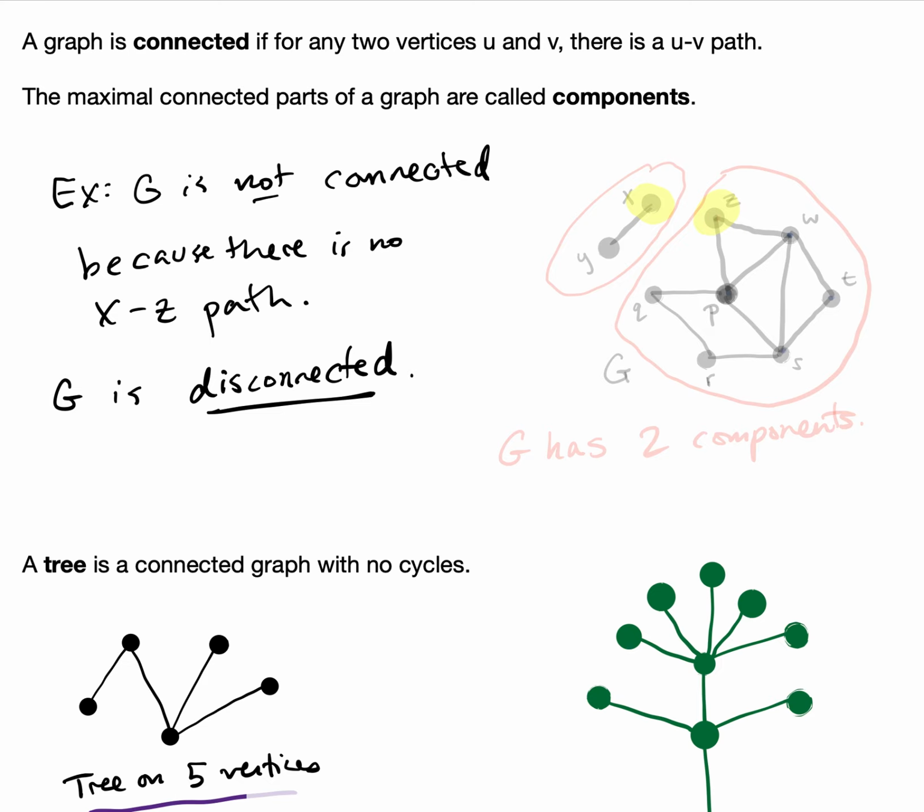The maximal connected parts of a graph are called components. So this is a maximal connected piece in that there are no more vertices we could add such that it would still be connected. And this is also a maximally connected part of the graph. And so this graph G has two components.